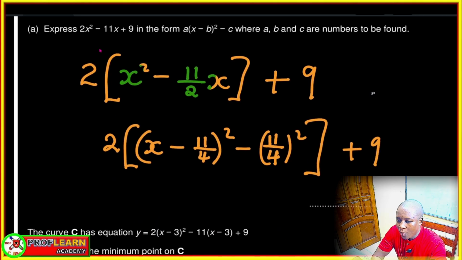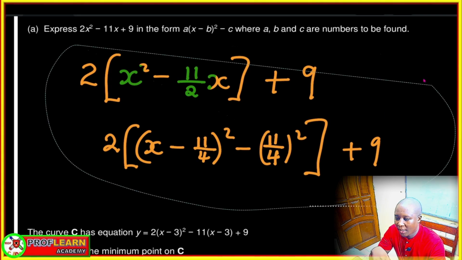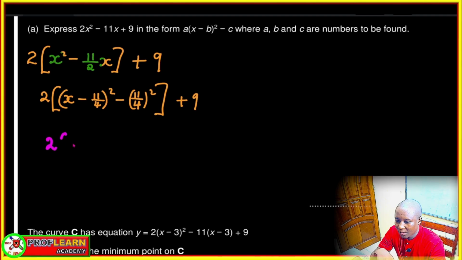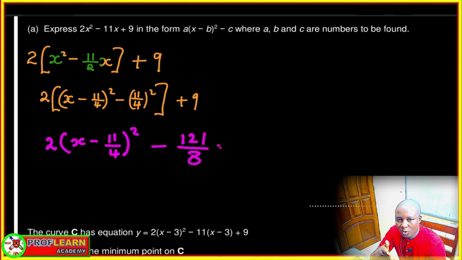Now, we open the bracket, and then we shall have 2 times the square of 11 over 4. Then we add 9 there. Simplifying this expression, this is going to be 121 over 16, but times 2 is going to be 121 over 8, because 2 divided by 16 will be 1 over 8, then plus 9.